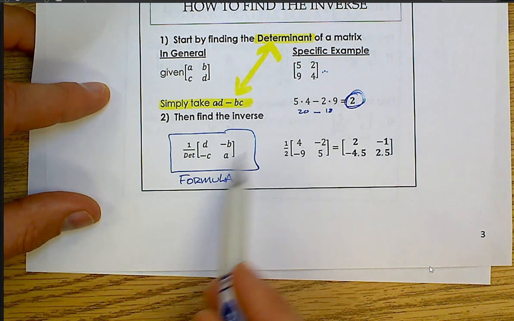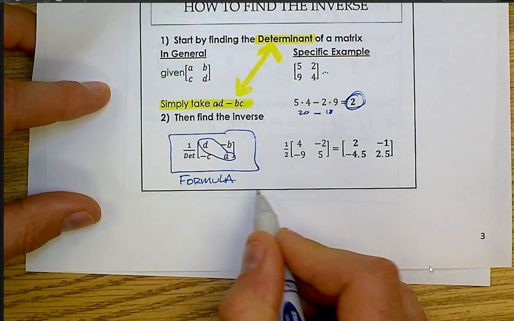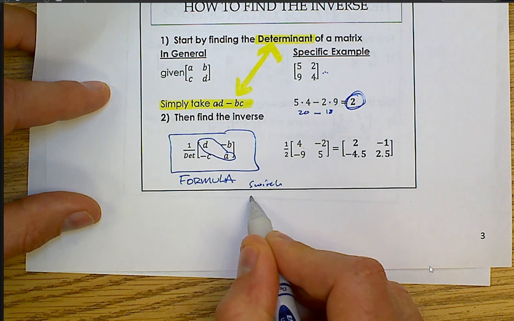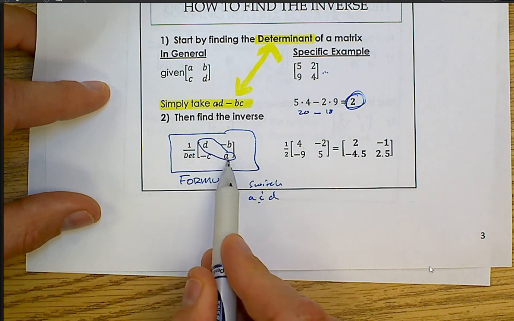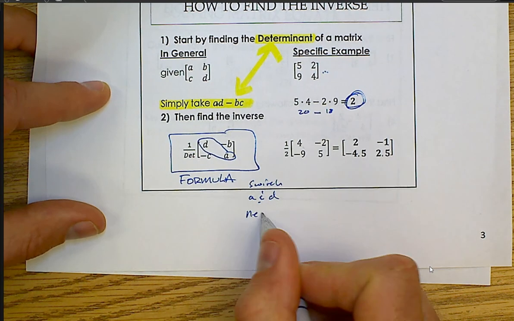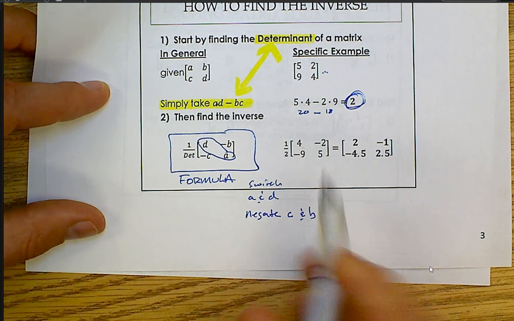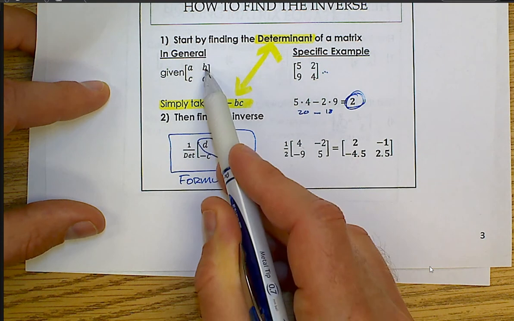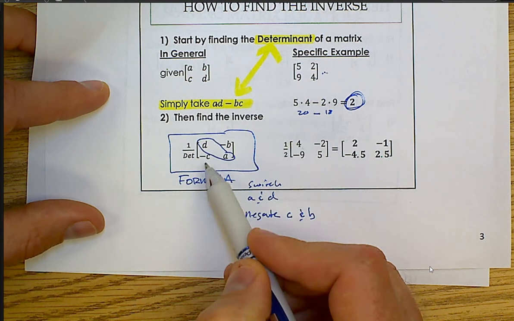And then what you do is you switch your A and your D. You just put your A value where your D value was and your D value where your A value was, and you negate your C and B. Notice my B value stays in the same location. I just have a minus sign in front of it, and I negate my C value here, okay?